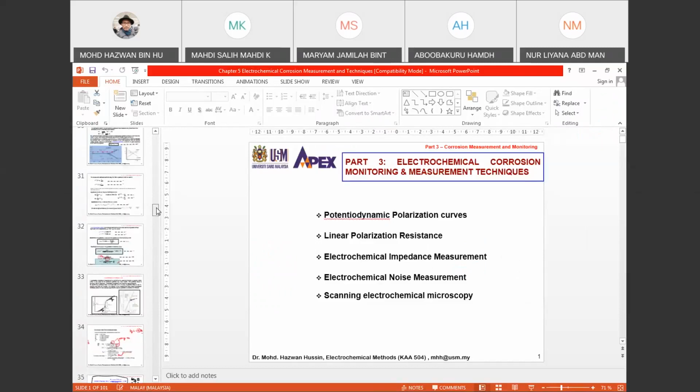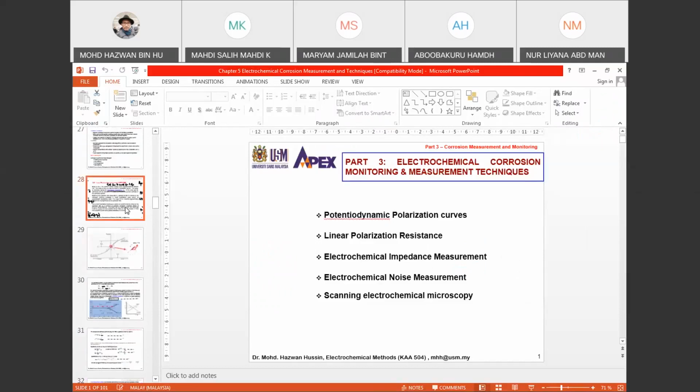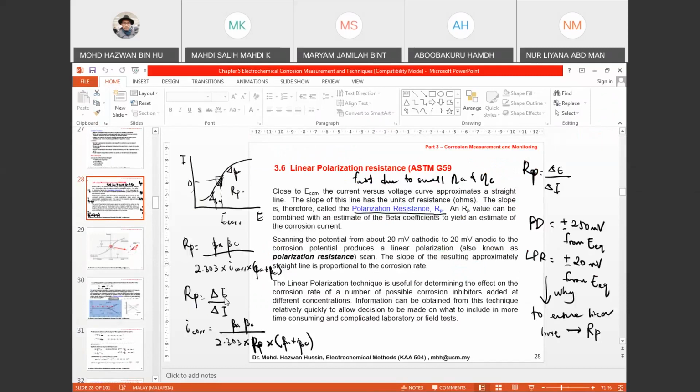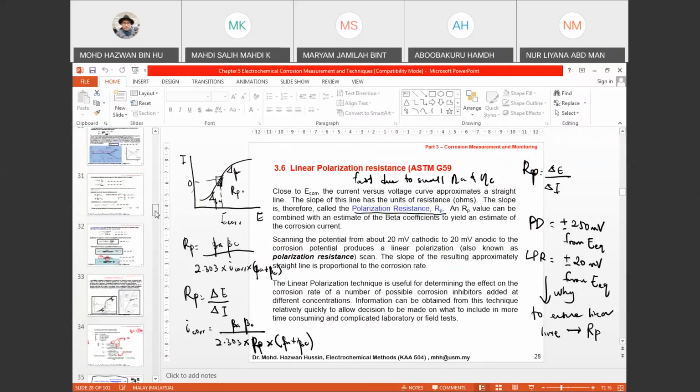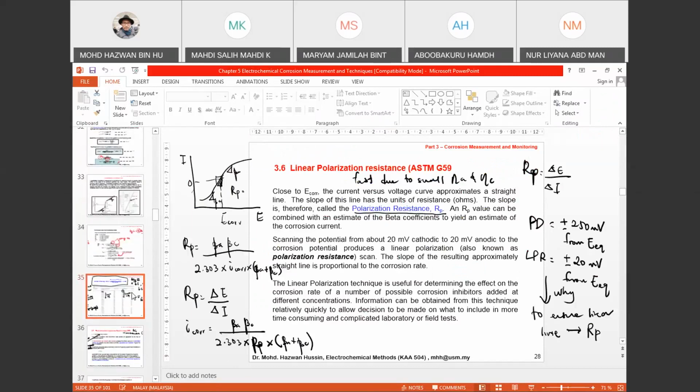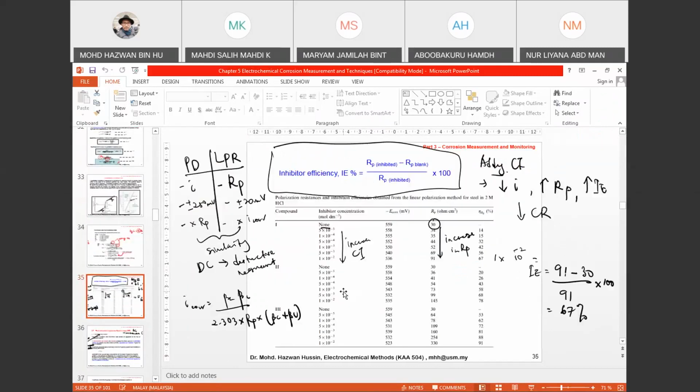I have one question. Yeah, go ahead. On page 35, here the inhibitor efficiency is 14, the first one, with the concentration 5 multiplied by 10. How do I get this number 14?